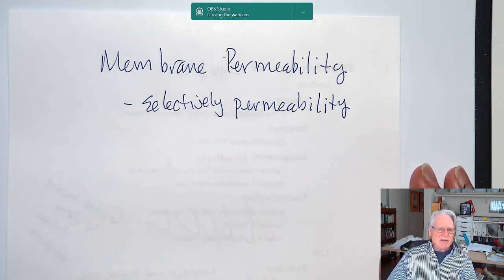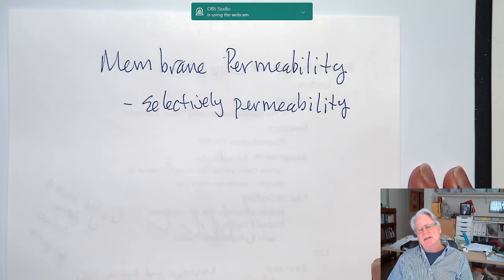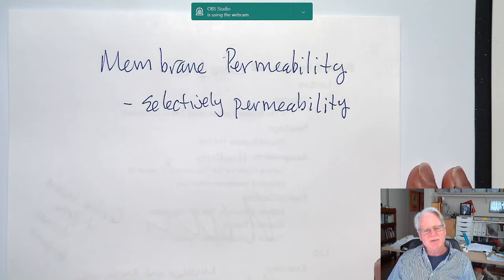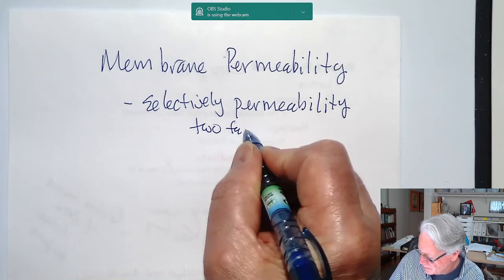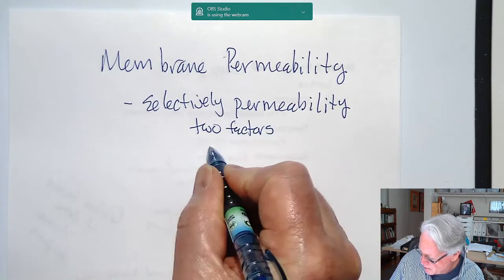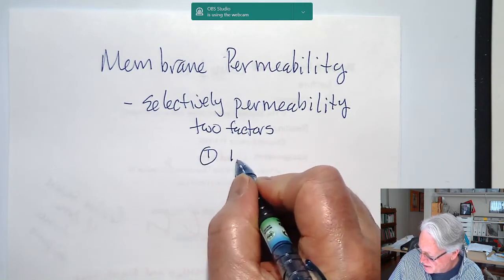That selectivity is the result of two things: the nature of the plasma membrane, the phospholipid bilayer, and the nature of the proteins that are embedded in that phospholipid bilayer. So selectively permeable comes from two factors. Number one, the lipid bilayer.